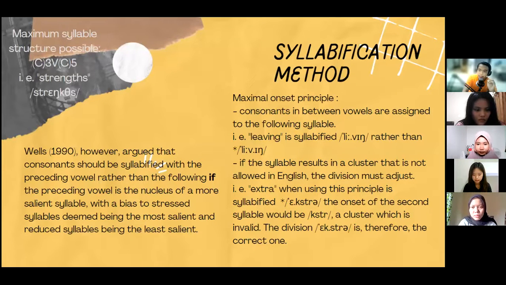Now there are some methods on how to put this dot and how to separate the syllables, but they must follow one principle, the maximal onset principle, which says that consonants in between vowels are assigned to the following syllable instead of the preceding syllable.